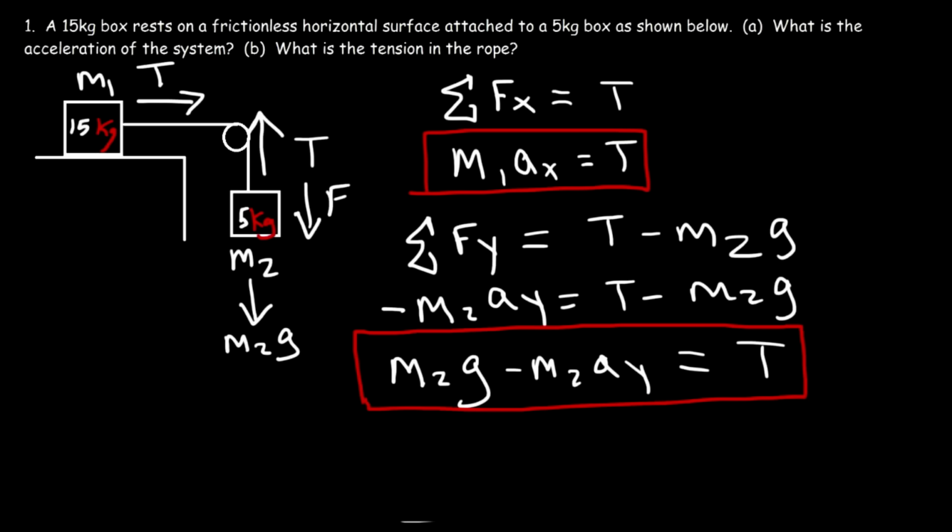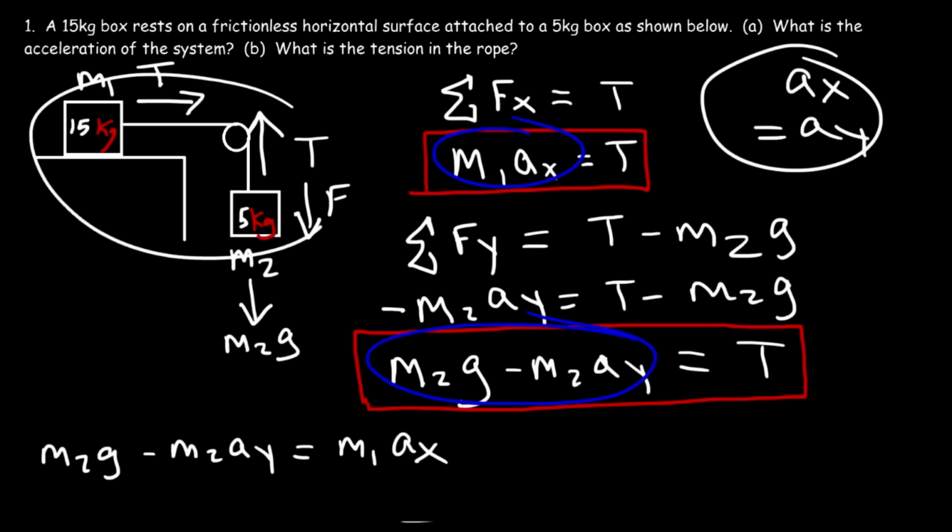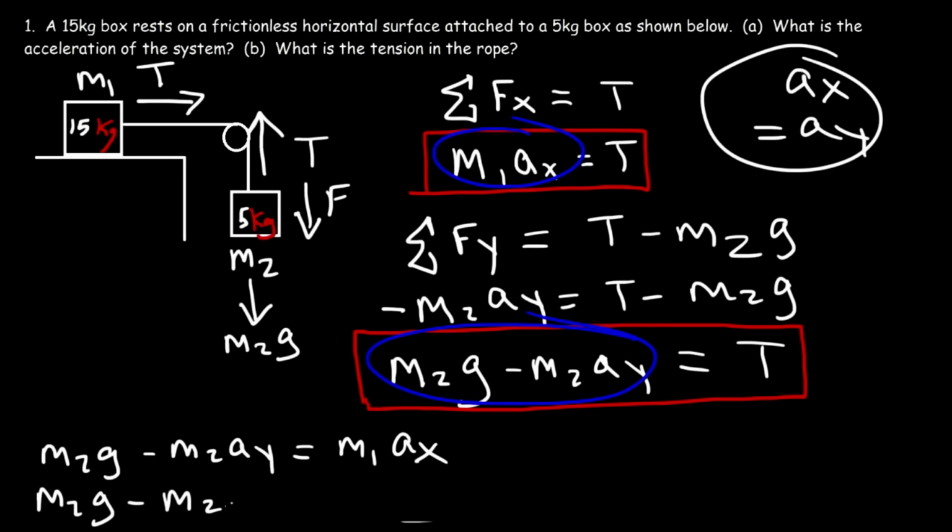So we can set m1a equal to this, because they both equal T. So m2g minus m2ay is equal to m1ax. Now, ax is the same as ay, because as mentioned before, this whole system moves with the same acceleration. So we can say m2g minus m2a equals m1a.